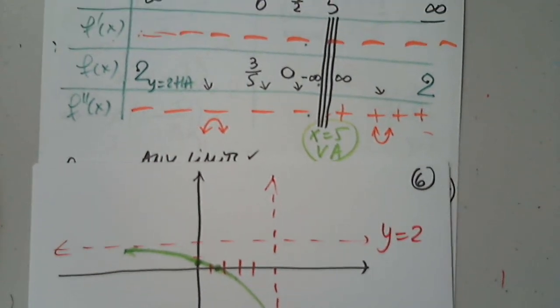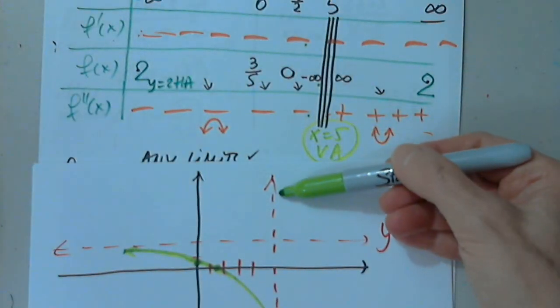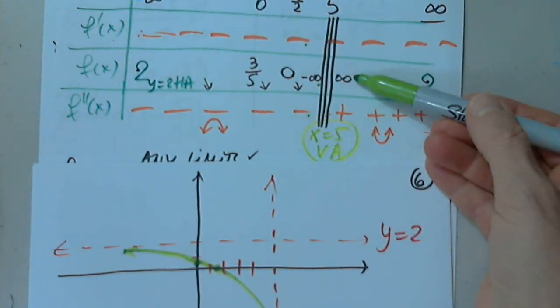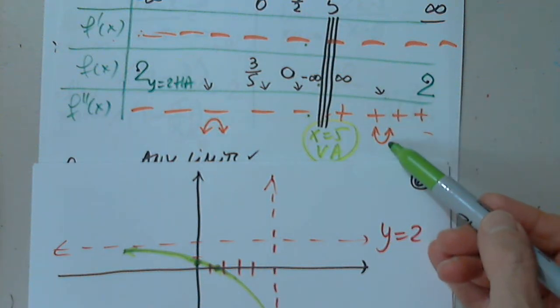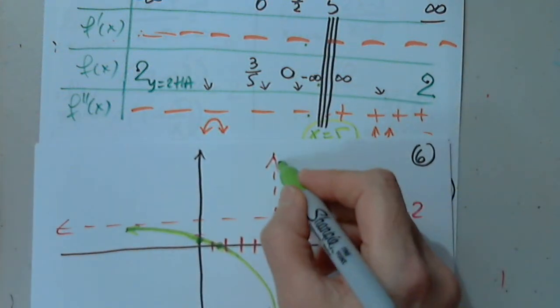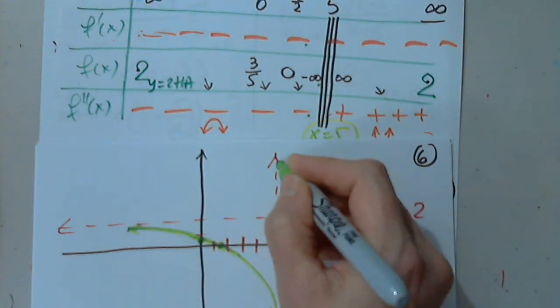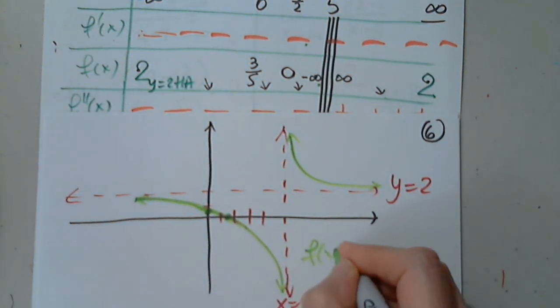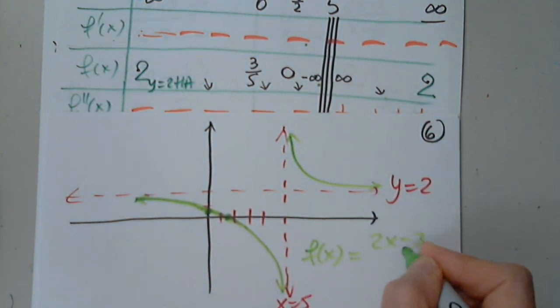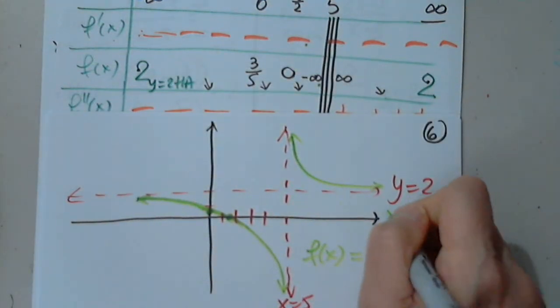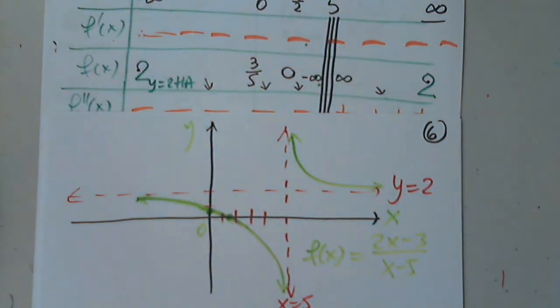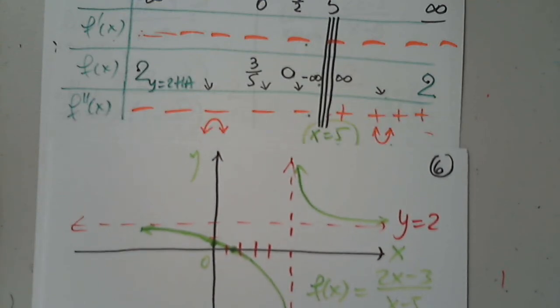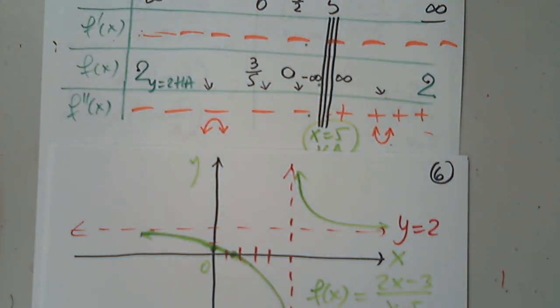On the other side, coming from positive infinity, decreasing, opening up towards 2. This is the graph of (2x minus 3) over (x minus 5). Without all my summary, without all the table that I have here, I would not be able to graph correctly.